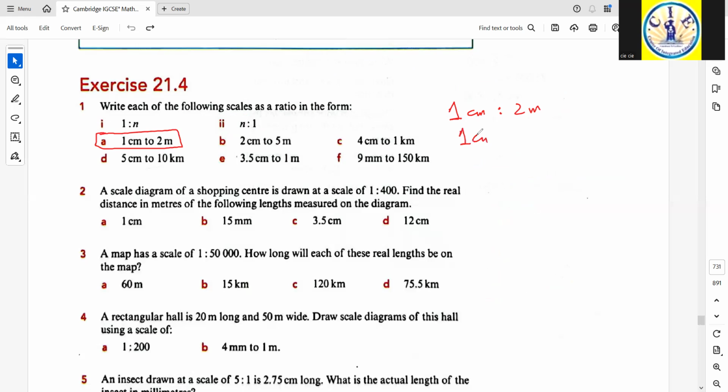So we can do it 1 centimeter to 200 centimeters so that we can cancel out the units. So we are left with 1 is to 200, which is in the form 1 is to n, obviously. And doing it in the second part, n ratio 1, we can write it down as 200 ratio 1.